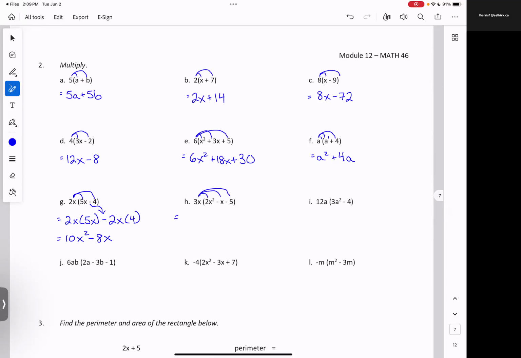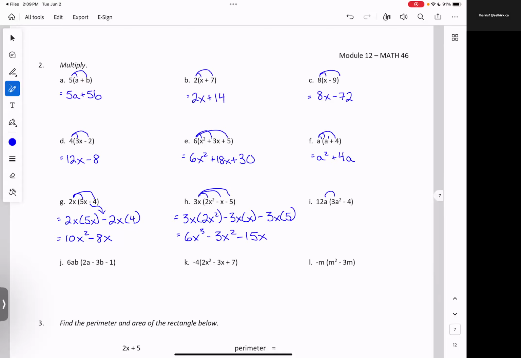I'm going to write out the first step. You can choose to do that or not. So we've got 3x times 2x squared, and then minus 3x times x, and then minus 3x times 5. And so we get 6x to the power of 3 minus 3x squared, and then minus 15x.